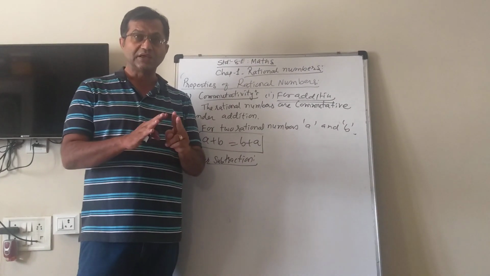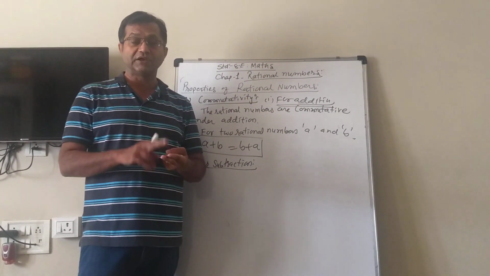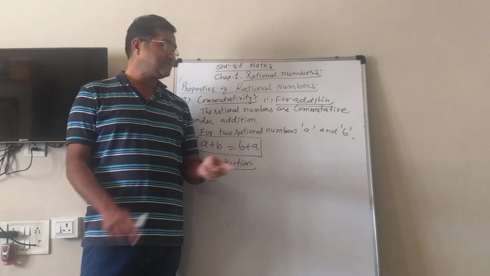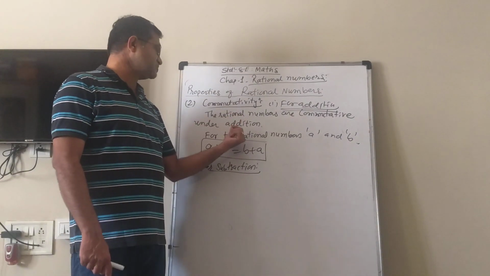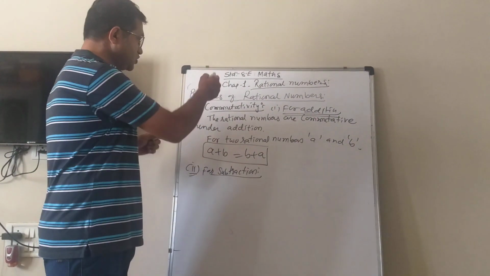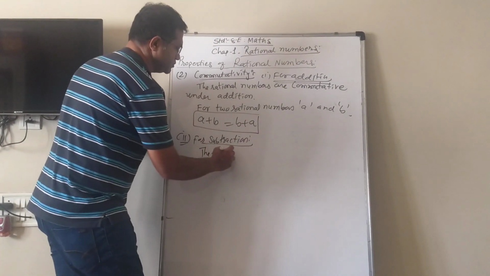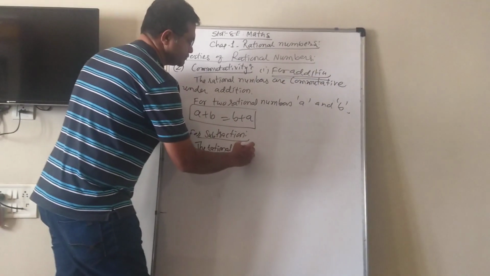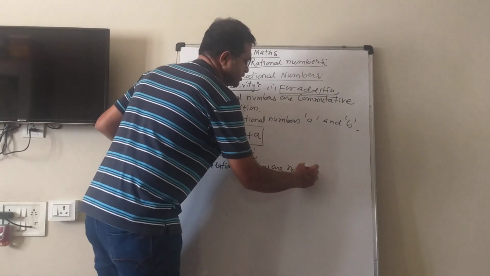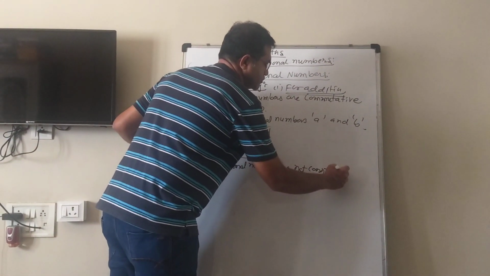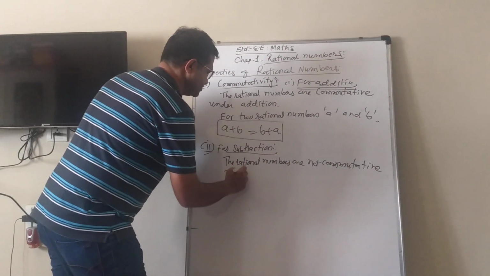It means that subtraction you cannot do in any order. It means that the rational numbers are not commutative under the operation of subtraction. So we will write down the rational numbers are not commutative under subtraction.